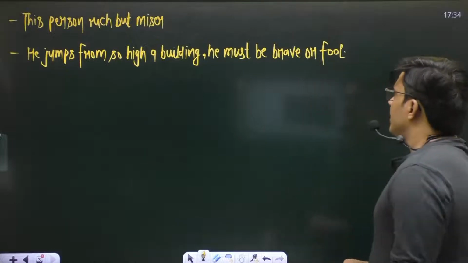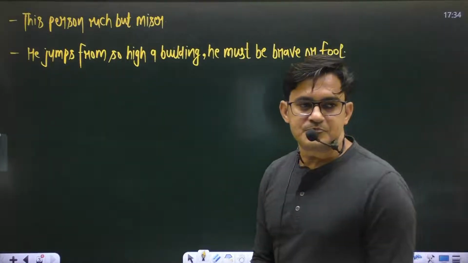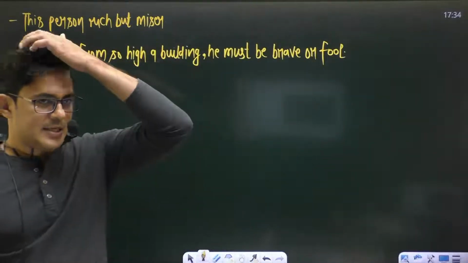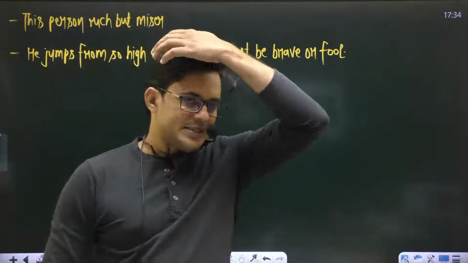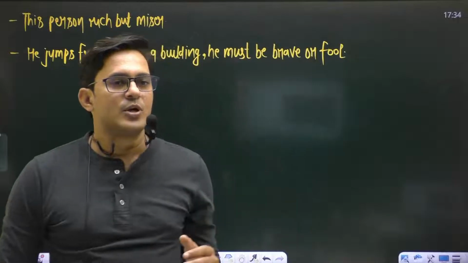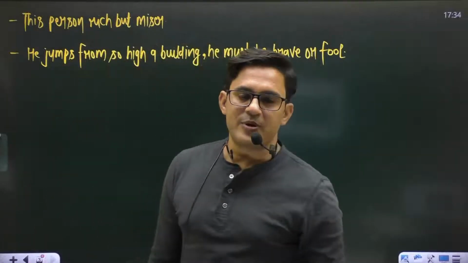Okay, two different sentences you have. First one is, this person is rich but miser, and the second one is, he jumps from so high a building, he must be brave or fool.